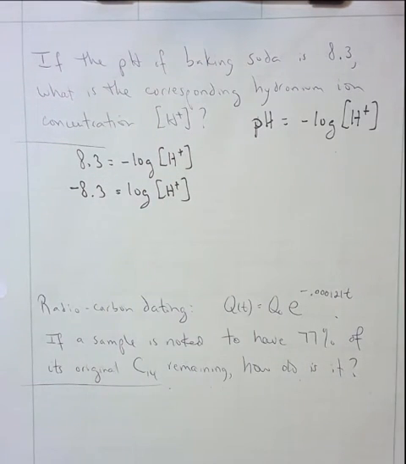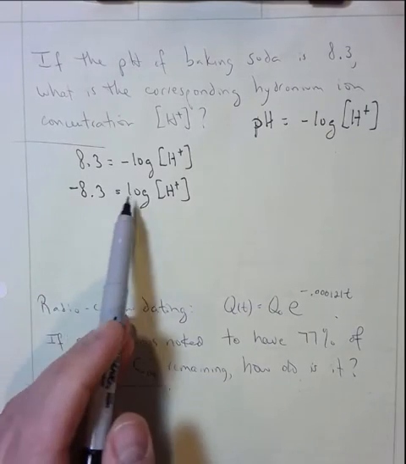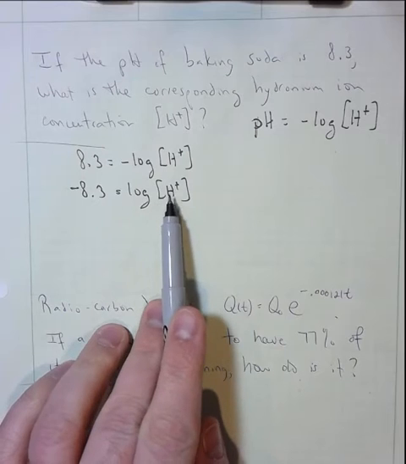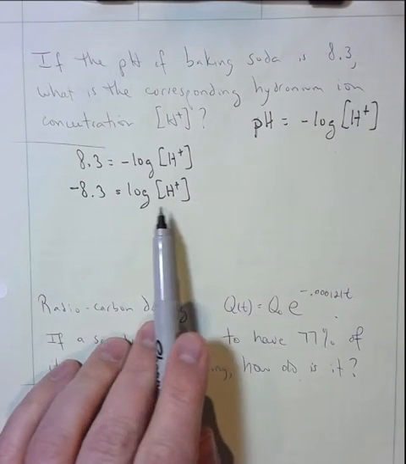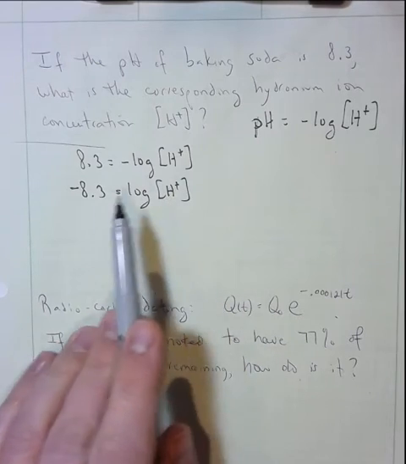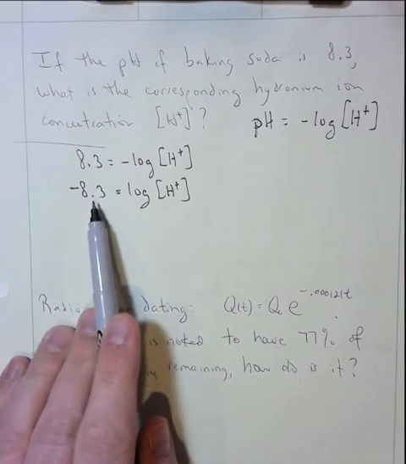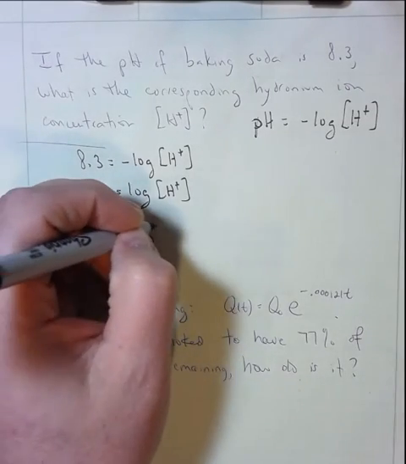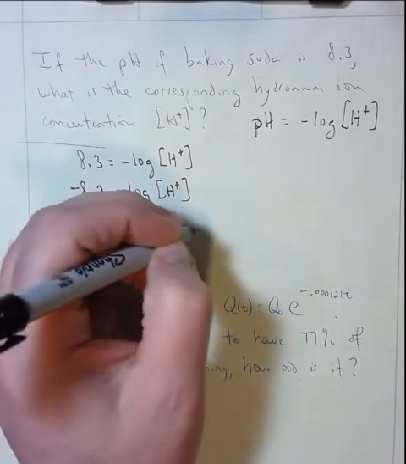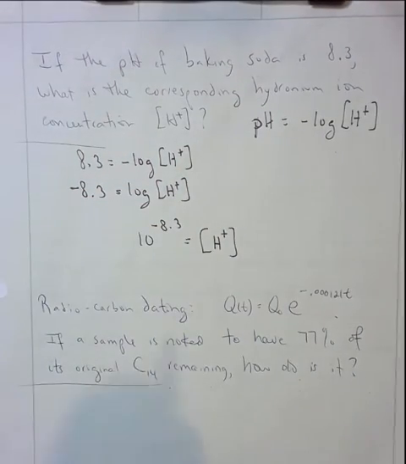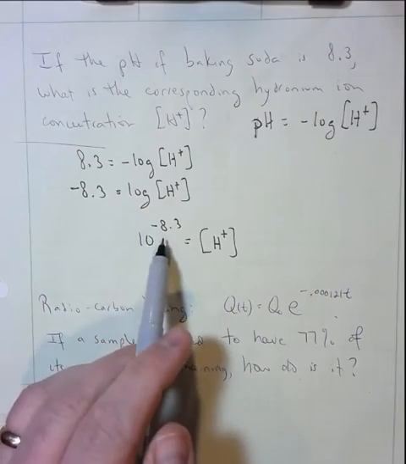Okay, so I can either remember the definition of logarithms, and I would read this out by saying, if the log base 10 of this item is negative 8.3, what I've got here is a base of 10, a result of this, and an exponent on 10 of this. And so I could write that, just recast it, as 10 to the negative 8.3 is the concentration that we're actually looking for. That's just sort of unraveling logarithmic notation itself.